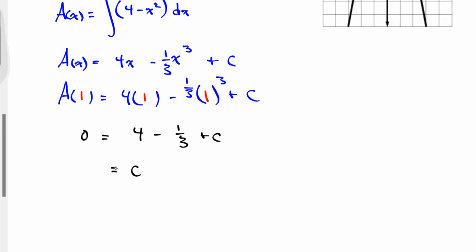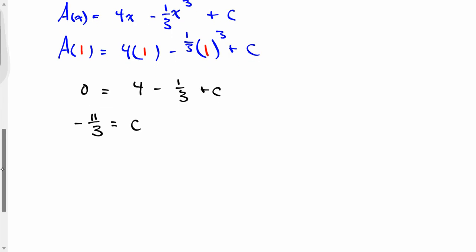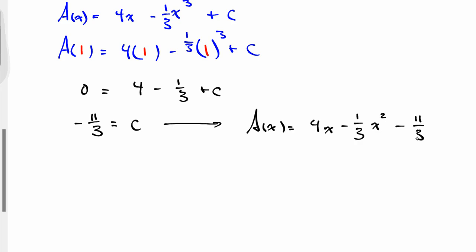So c is negative 11/3. So now I know A of x is equal to 4x minus 1/3 x squared minus 11/3. Oh, x cubed.